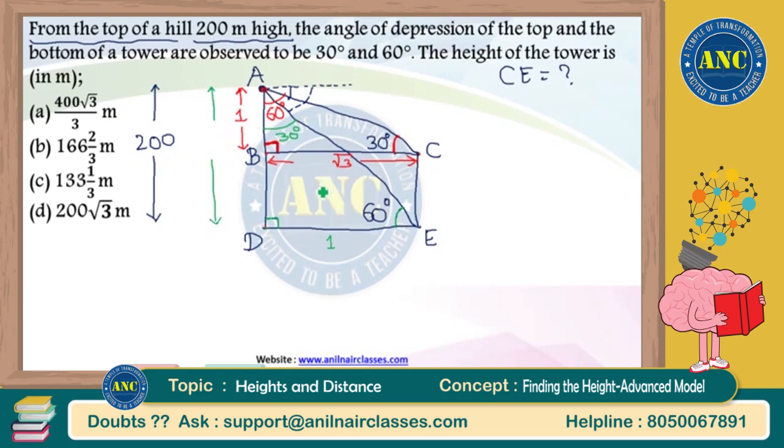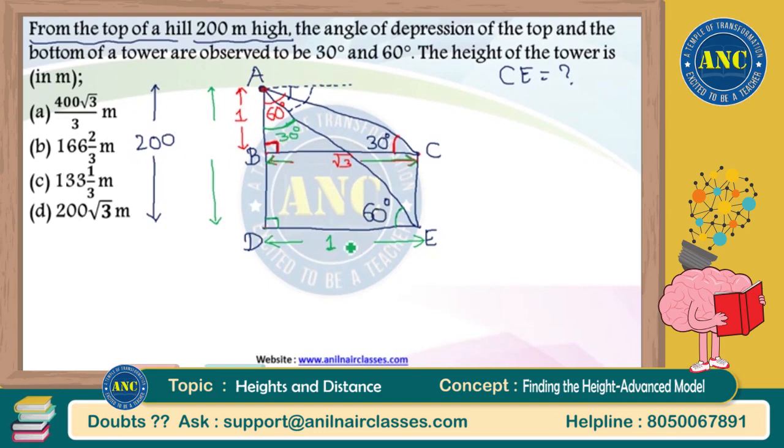But think logically: opposite to 30, if it is 1 unit, then AD will become root 3. But this DE value is absolutely the same as the BC value. Both are absolutely the same. BC is already fixed as root 3. So this one also should be root 3 only, right?